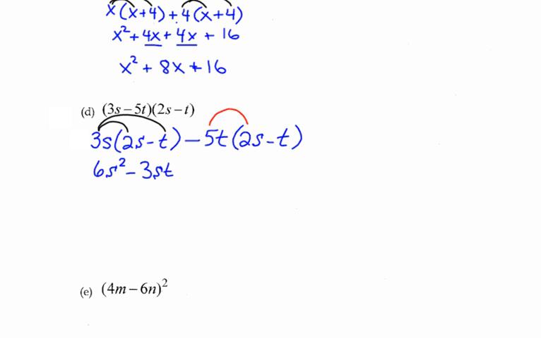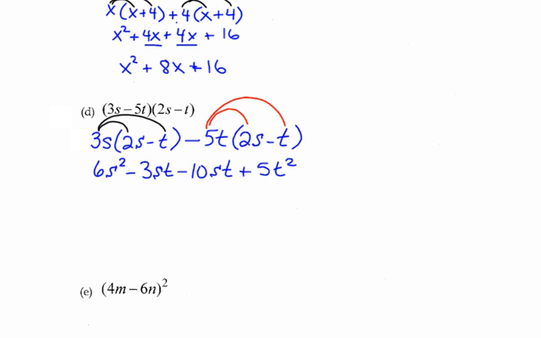Negative 5t times 2s. I'm going to always write your letters alphabetically. So negative 10 and then st. And negative 5t times negative t. So two negatives equal a positive 5. T times t is t squared.